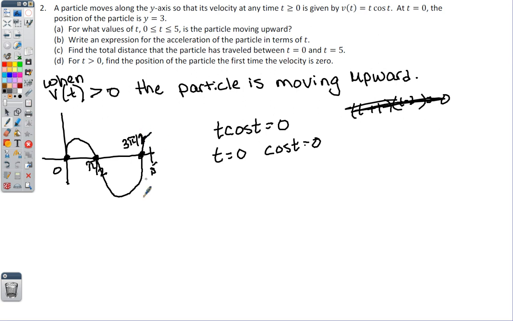So rather than trying to struggle with our second derivative and finding all those zeros, we can just use some basic trig to help us out, okay? So the particle is going to be moving upward between 0 and pi over 2, and between 3 pi over 2 and 5, right?